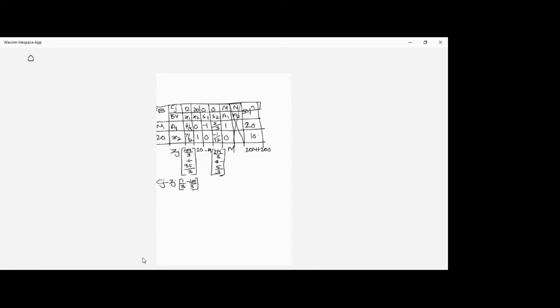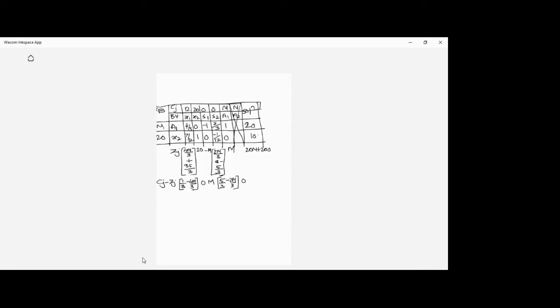So now it is 20 minus 20, the value will be equal to 0, right? 0 minus minus m, the value will be equal to m, and lastly it is 0 minus 2m by 3 minus 5 by 3. So only the signs will change. It will be 5 by 3 minus 2m by 3. So this is how this particular will work, and m minus m will be equal to 0.